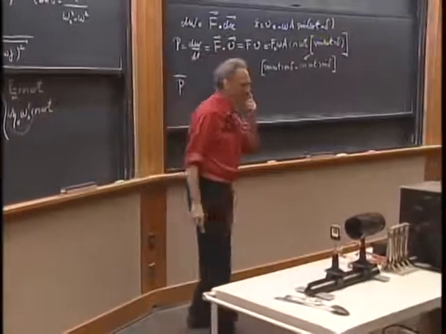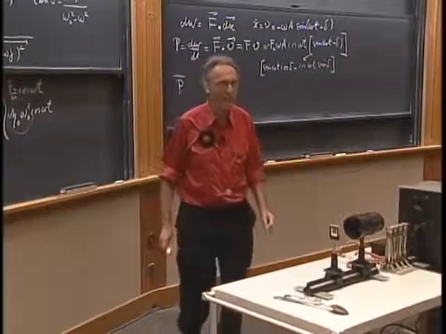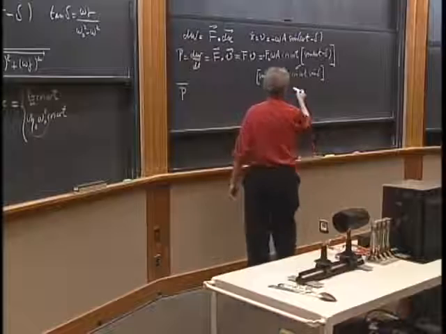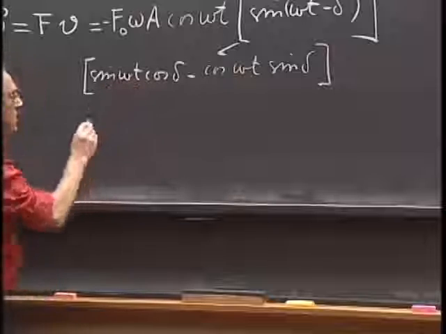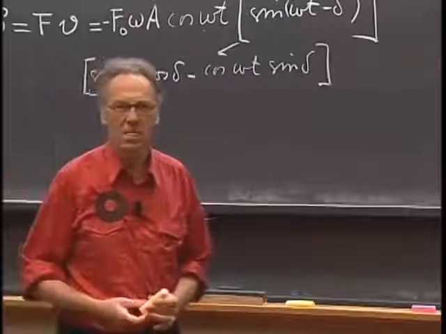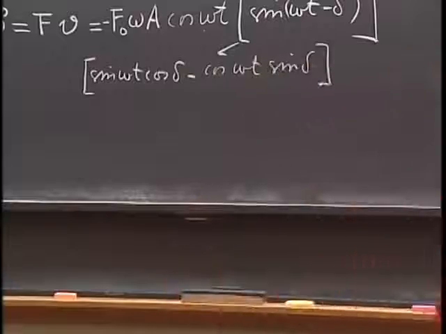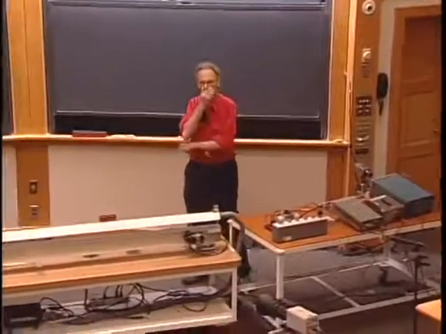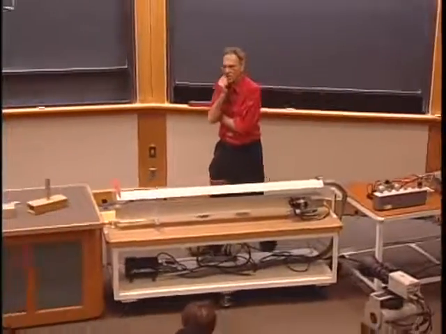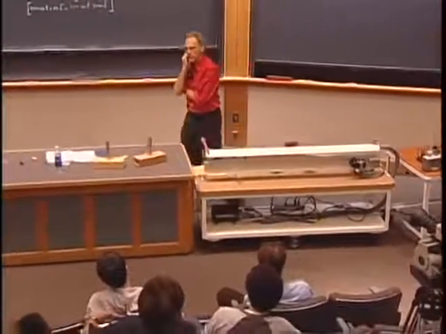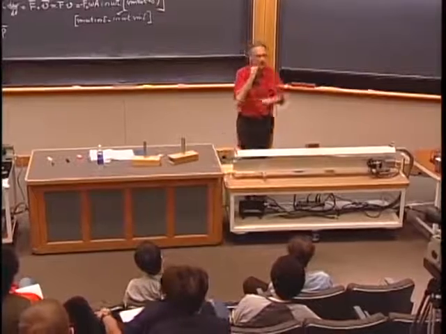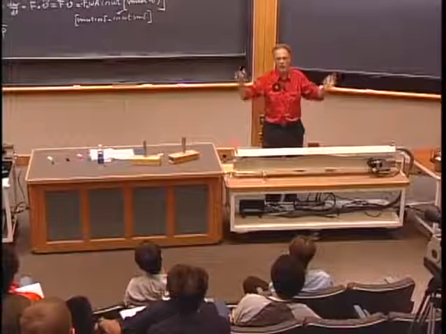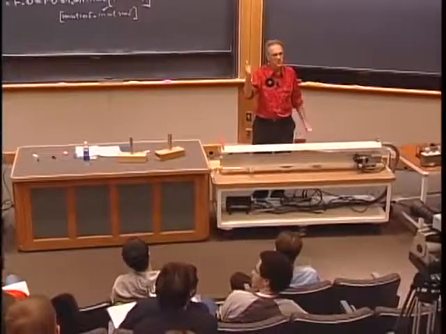Now, I need some experts in the audience. I see here a cosine omega t, and I see here a sine omega t. What is the time average value of that product? The time average value between a sine omega t and a cosine omega t if I average it over 1 cycle or 2 cycles or 3 cycles.